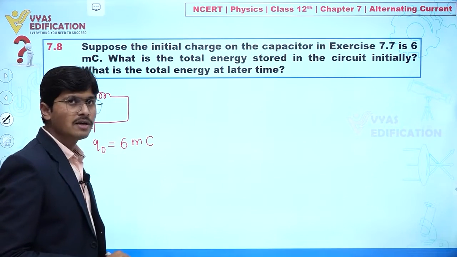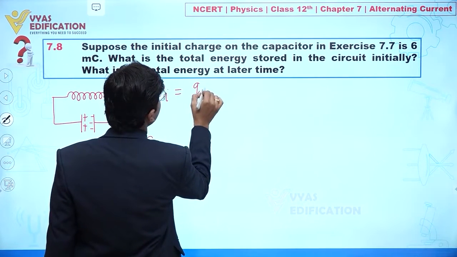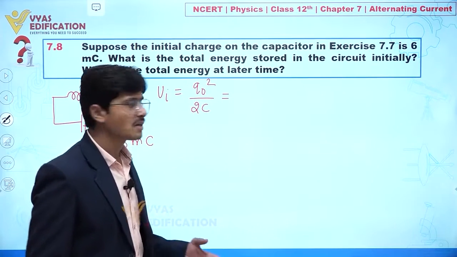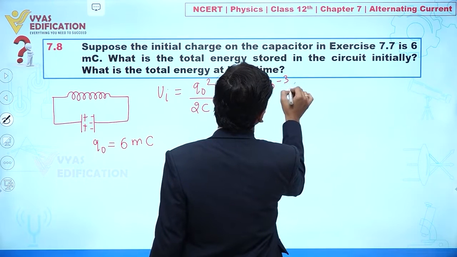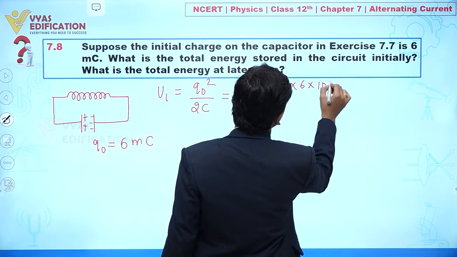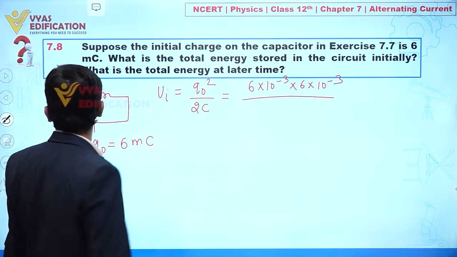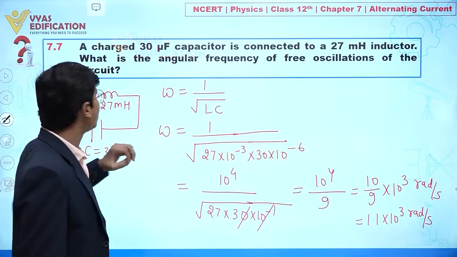Clear? Okay. Now what is the initial energy stored? I can say this is given by Q naught square divided by 2C. This formula you know very well. Clear? Value of Q naught, I can say this is 6 into 10 to the power minus 3 multiply 6 into 10 to the power minus 3 divided by. Now what is the value of capacitance? If you see the previous question, you can say here we have 30 microfarad capacitance.